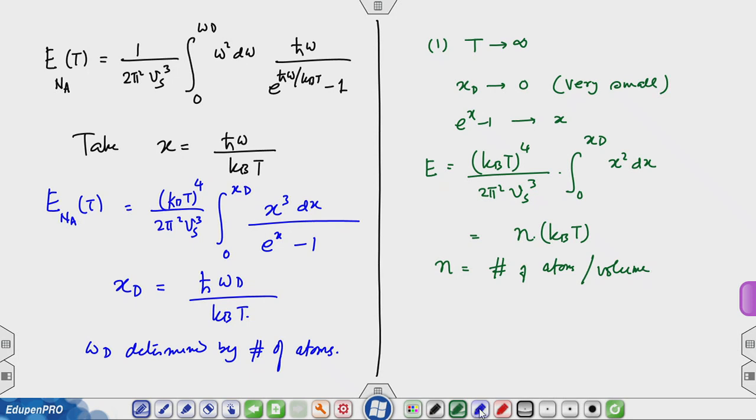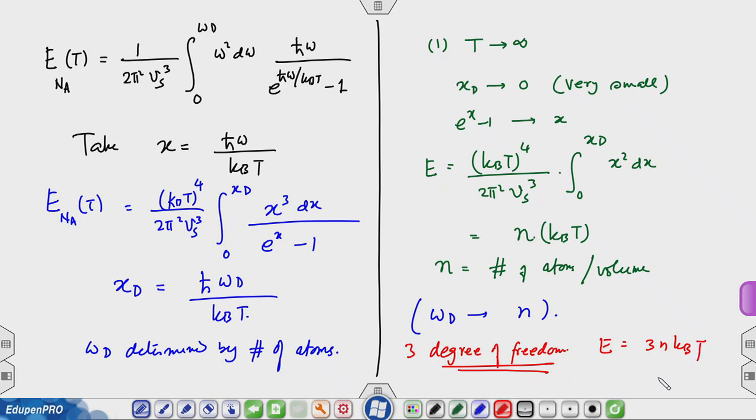Let me just make a note, omega d is related to n. If you want to do it per mole, then you just write Na. For 3 degrees of freedom, remember when I was doing this I did only for one kind of vibration, E would come out to be 3n kBT and Cv equals 3R per mole. So, Dulong-Pettit. So, we are in the right direction.